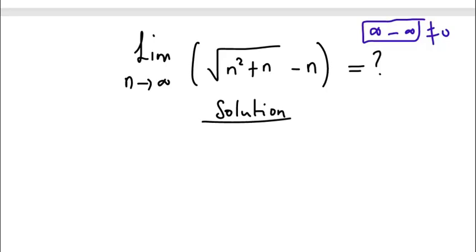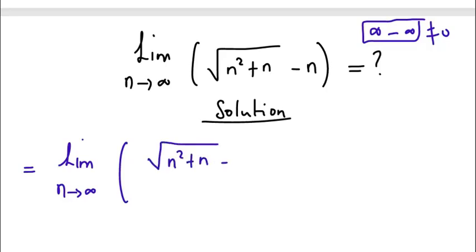Now let's do the following. So this limit is same as limit as n is approaching infinity. So we're going to multiply the numerator and the denominator by the conjugate of this function we're taking the limit on. So this is what I mean. We have the square root of n squared plus n minus n.